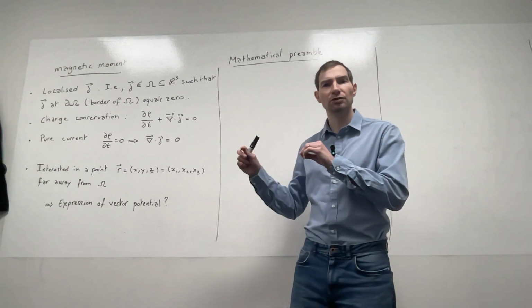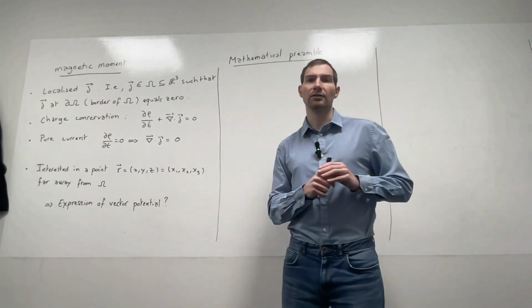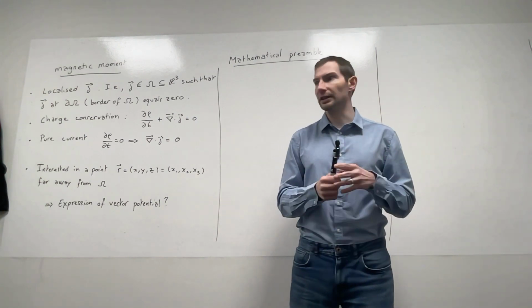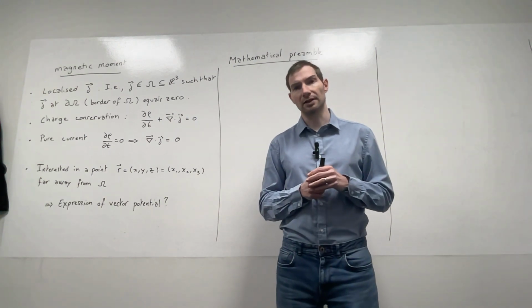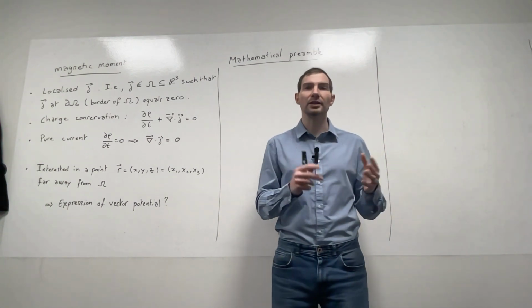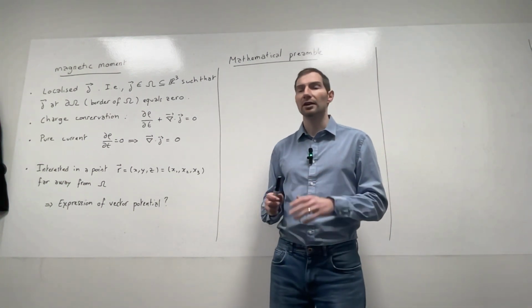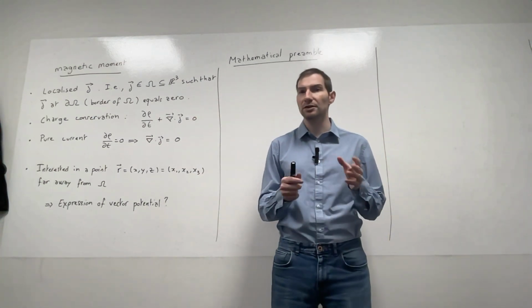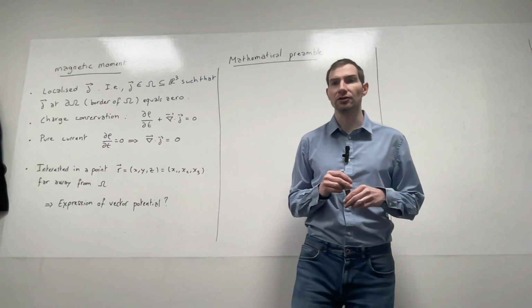This is basically a more detailed version of a derivation proposed in the classical Jackson's textbook in electrodynamics. So it's not from me per se, at least not all steps, but here I try to specify some things that, in my opinion, are not specified enough in the derivation in the book.